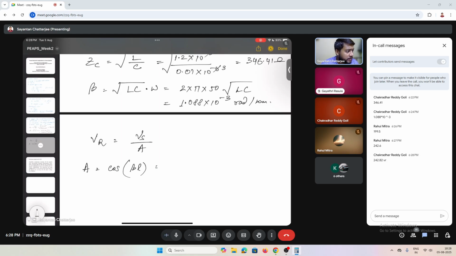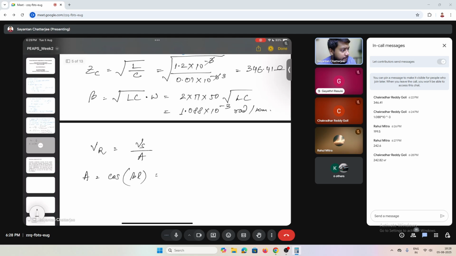Scientific mode, radian. Sir, I think we need to convert this beta value into radians. I mean degrees, yes. Times 180 by pi, so that we will get 24.93 something.